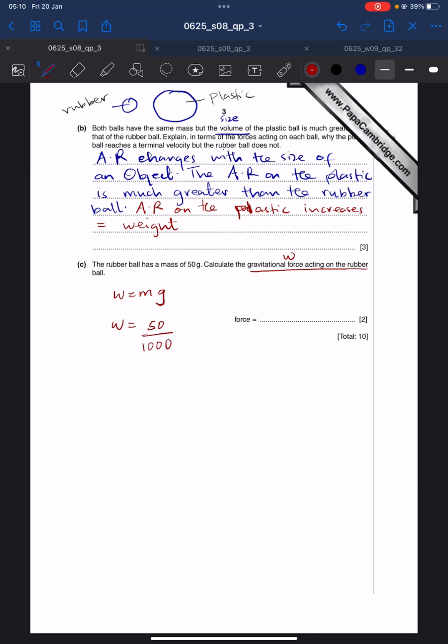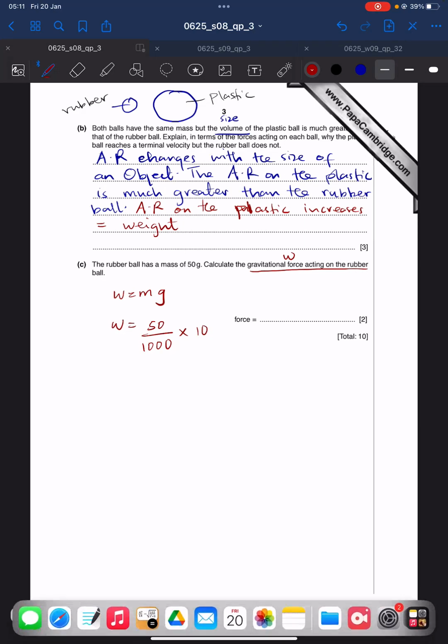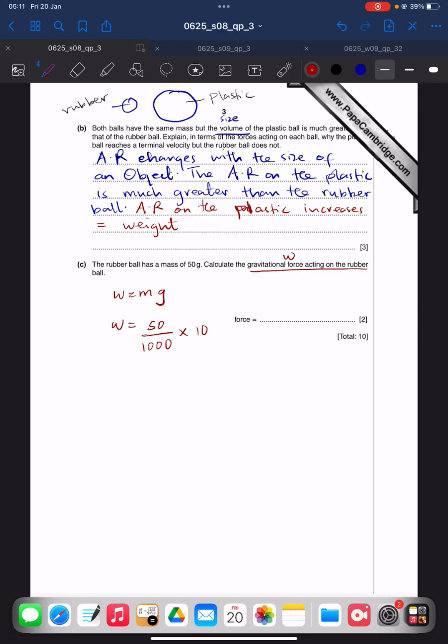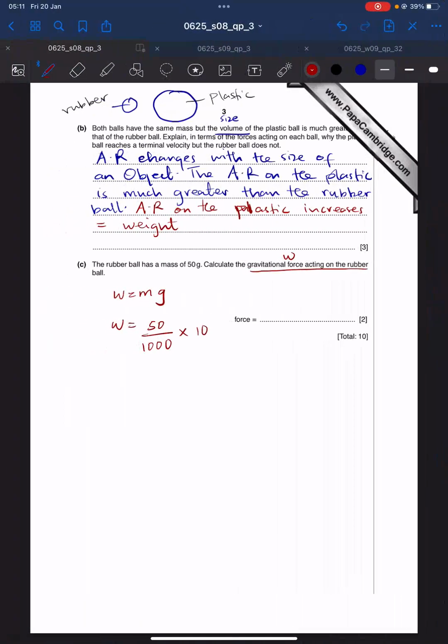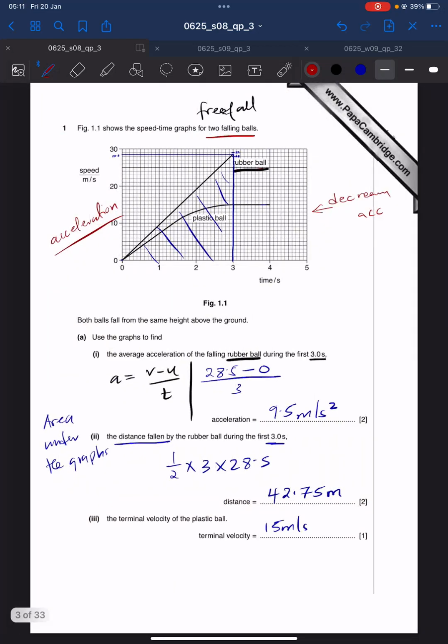Remember, you have to change the mass to kilograms. Multiply by 10. So nas mental maths جيبوها, but for us هنا we only trust the calculator. Multiply by 10 ما في أي فرق. 0.5 newtons. As simple as that. So there you go.